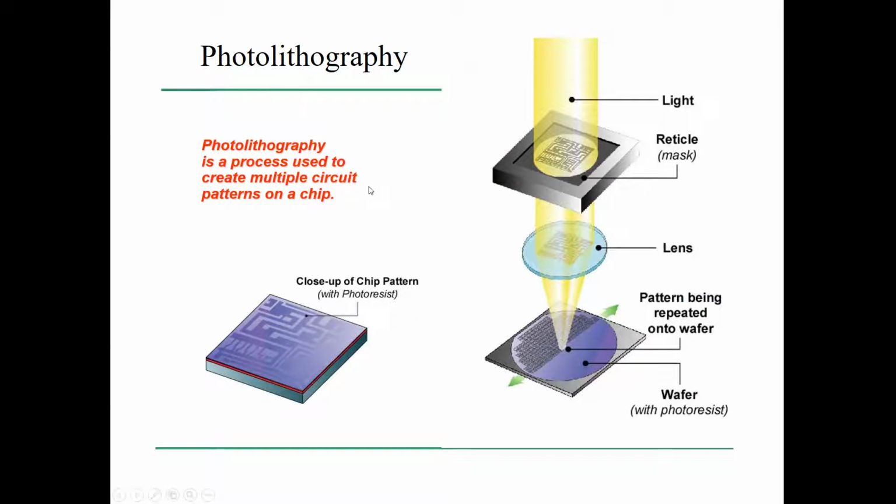Okay, so the photolithography part of the process, like I said earlier, is much like what we talked about with PCB fabrication. Just like photoresist is put on the copper of a PCB board to do the imaging of the circuit onto the PCB board, photoresist is put on the surface of the wafer so that we can transfer the image of the integrated circuit onto the wafer.